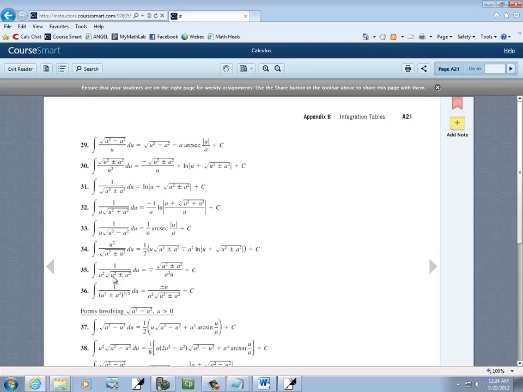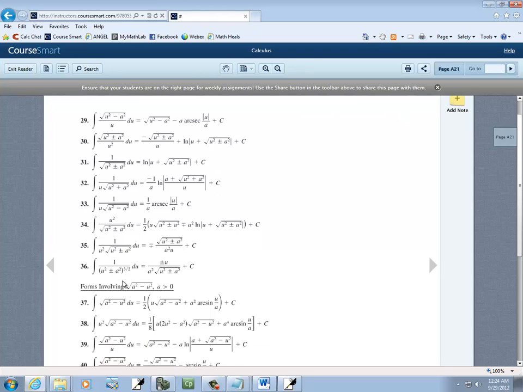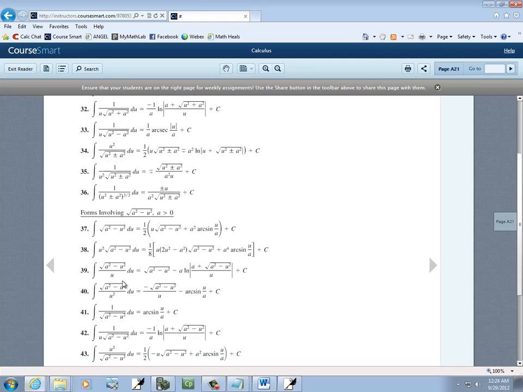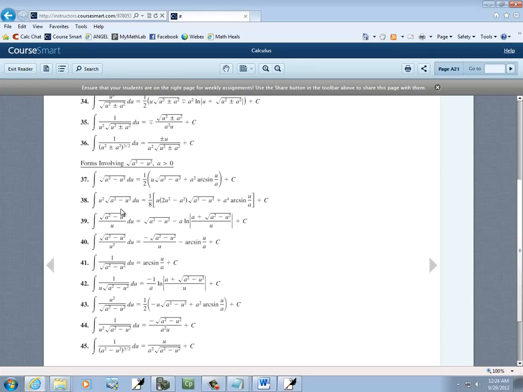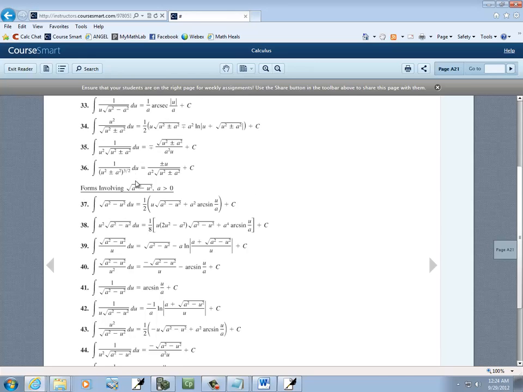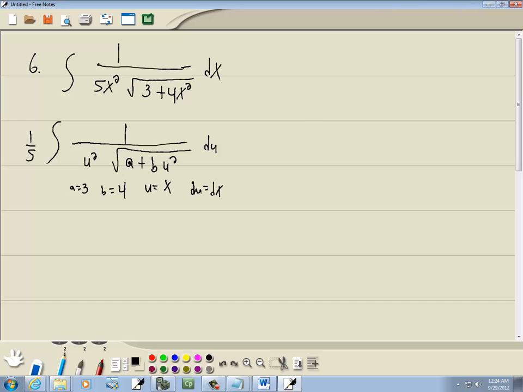But there's no number in front of u squared. Well, let's keep looking. A squared minus u squared. No minus. Actually, all these are minus, aren't they? Now that I look at that, I think maybe 35 would work. Let me jot that down. I may come back to that.